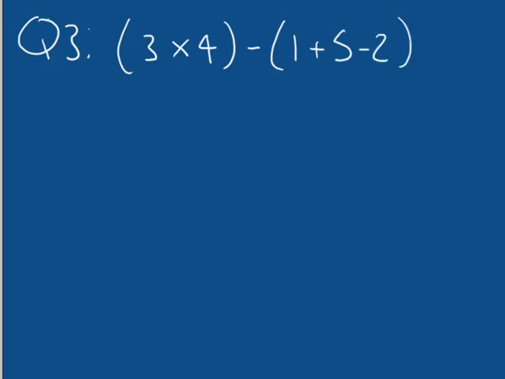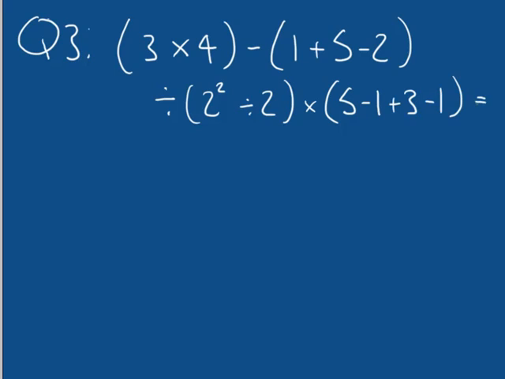Now this is all one large equation, but I am going to wrap this onto 2 lines. So divided by 2 squared, divided by 2, close parentheses, multiplied by, open parentheses, 5 minus 1 plus 3 minus 1. What does that equal?